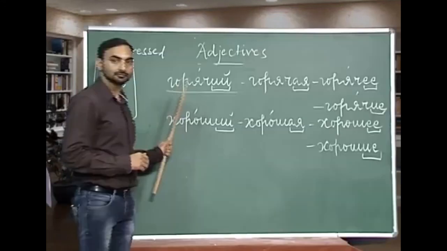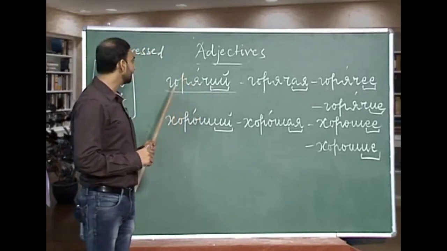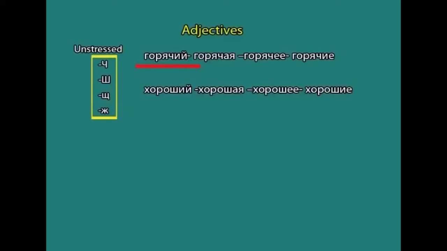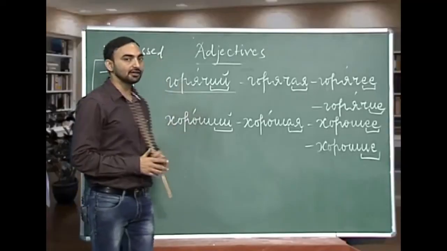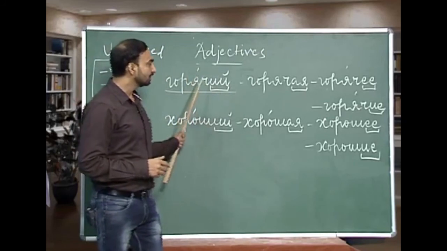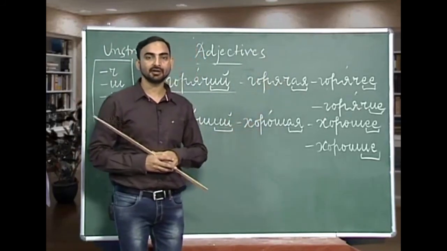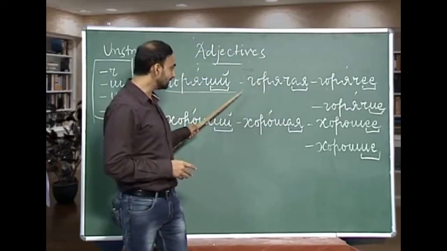For example, the first example of an adjective with unstressed ch is garyachi. Garyachi is hot. So, whenever you come across an adjective like this, they are changed as per the gender and number of noun in this way.